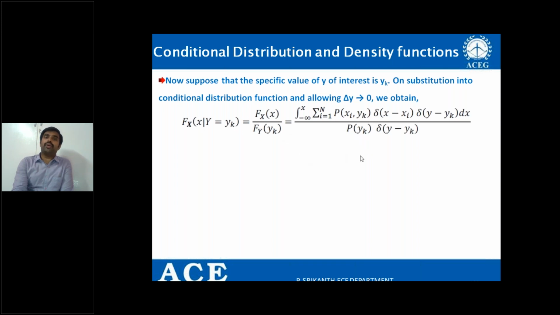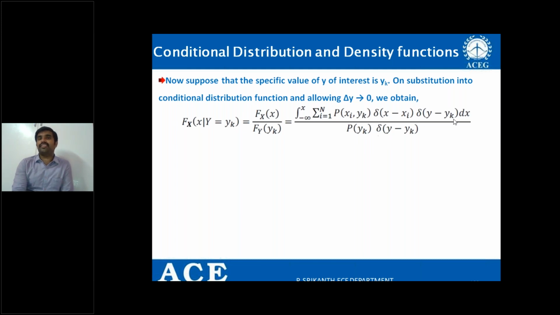Therefore, the particular value of the distribution function is nothing but p of yk into del of y minus yk, since it is a discrete random variable, and the numerator will be the integral from minus infinity to x, summation i equal to 1 to n, of the probability p of x. What is this actually?